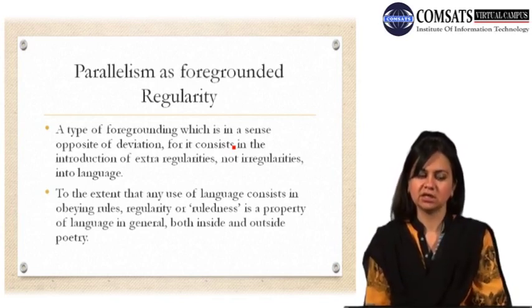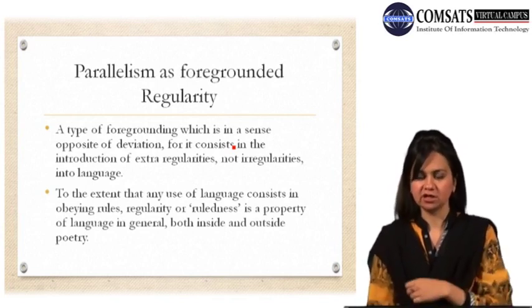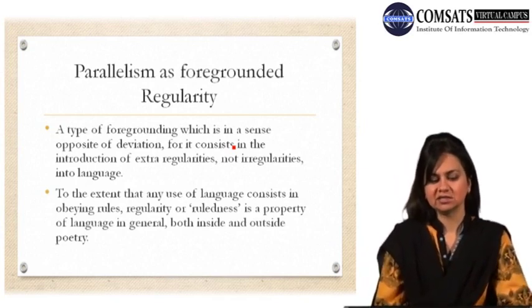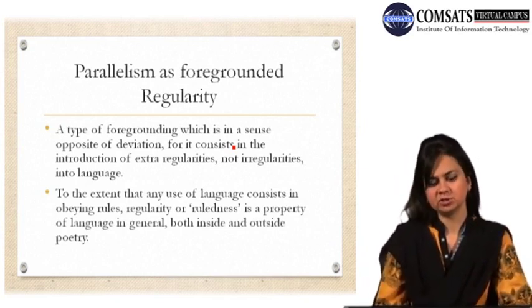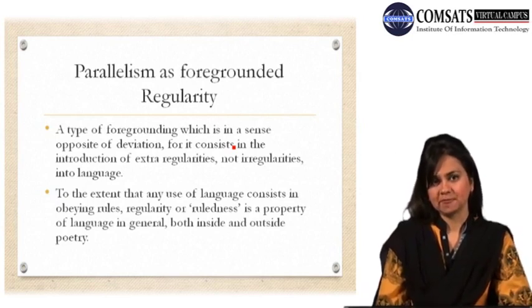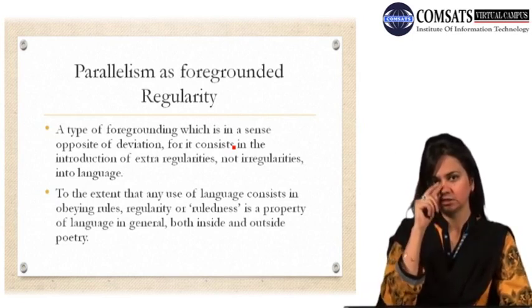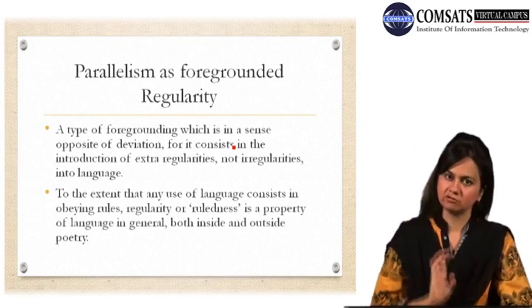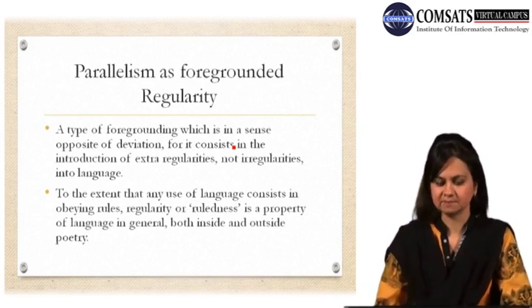So parallelism is a type of foregrounding in which we get a sense that is the opposite of deviation, for it consists in the introduction of extra regularity or extra patterning into language. So when regularity and extra patterning is added, we call it foregrounding through parallelism.